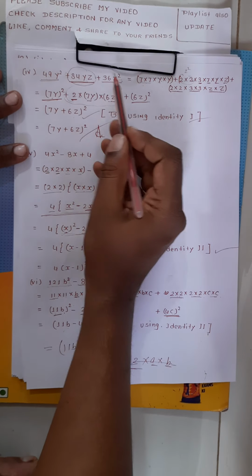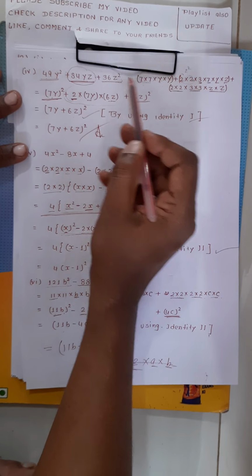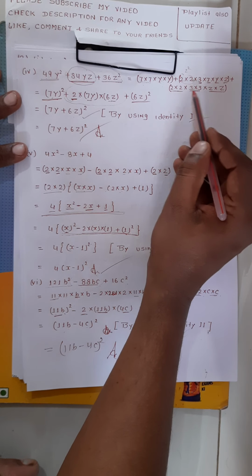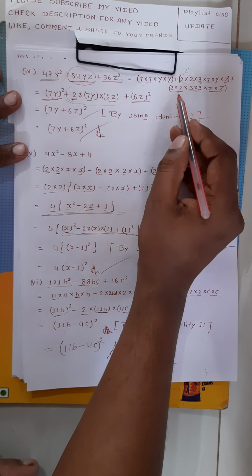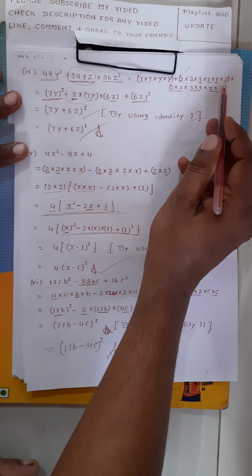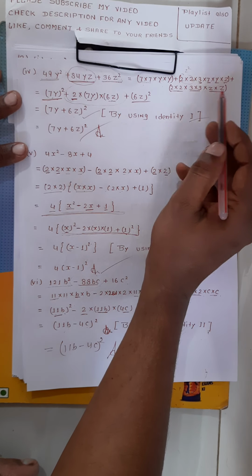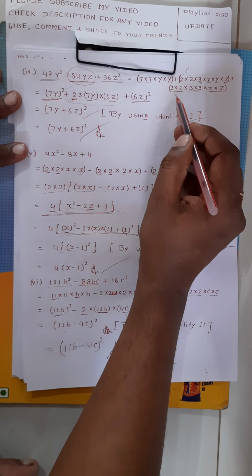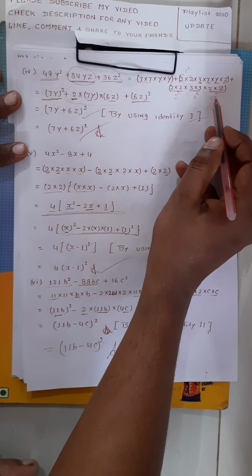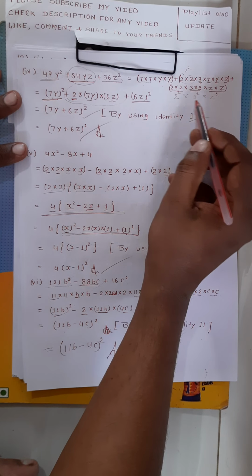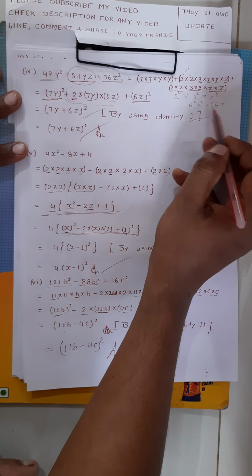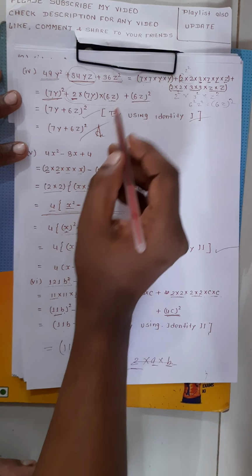Okay, now we will check for 36z square. For the 36z square, our value is 2 into 2 into 3 into 3 into z into z. Means 2 number of 2 is here, 2 number of 3 is here, 2 number of z is here. That means we can write it as 2 square, 3 square, and z square. Means our value becomes 6 square, z square, or whole square of 6z.